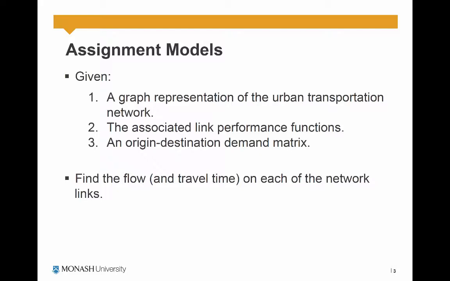In a dynamic traffic assignment, it's the fundamental traffic flow diagram. And the third element that is given in traffic assignment is the origin destination demand matrix. Now that we have these three elements, the outcome of a traffic assignment model is the link volumes and link travel times on every link in the network.